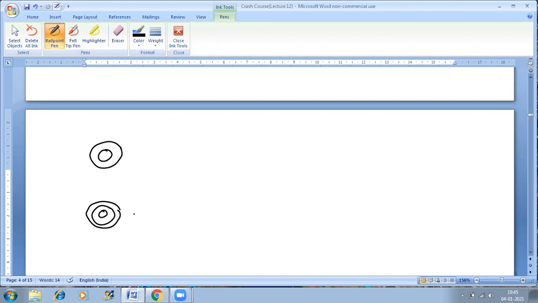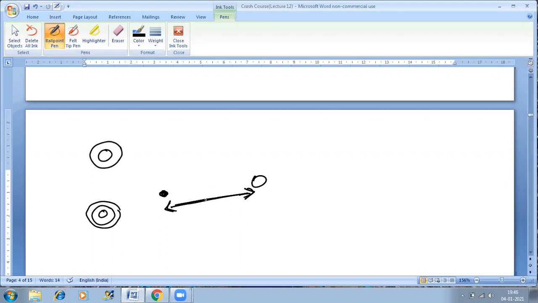So obviously if the distance between the nucleus and the last electron increases, if this is my nucleus and this is the last electron, then the distance is large. Since the distance between the two is large, the nuclear pull will be less, and so the nucleus will not be able to effectively pull the last electron towards itself. If it is not able to exert its pull on the last electron, definitely the last electron is free and it can move out easily.